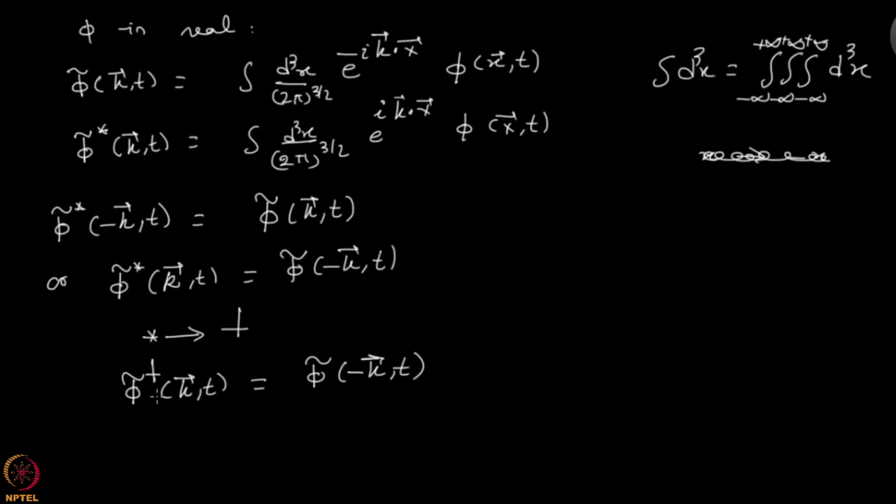So the phi dagger of k is related to phi of minus k, and similarly, if instead of phi you had a pi, then you'll get the same relation. Okay, that's good. Now what I will do is I will introduce some new variables, and you will immediately realize why these are so useful.